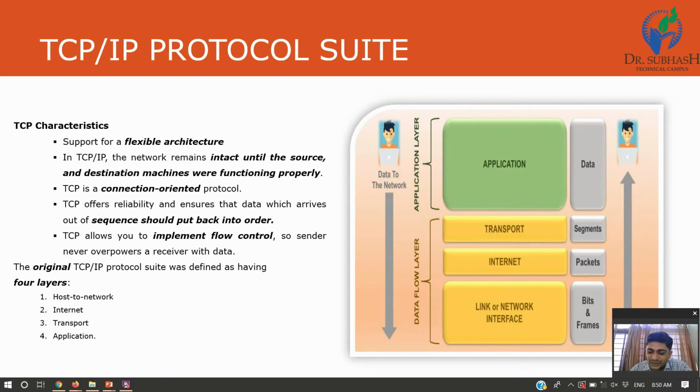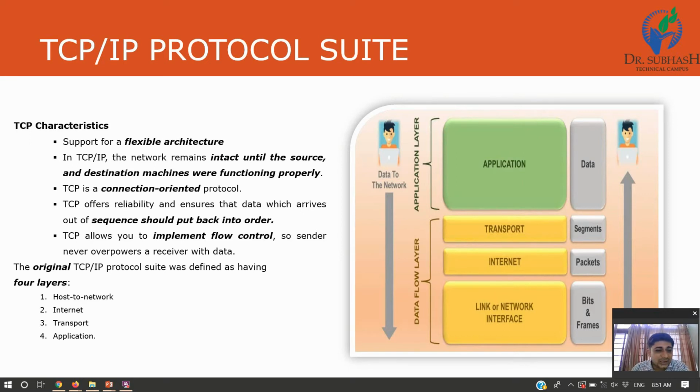Basically, TCP is a connection oriented protocol, and we have to make the connection first. After that we can transmit our data. So it remains inactive until the source and destination machines are functioning properly.